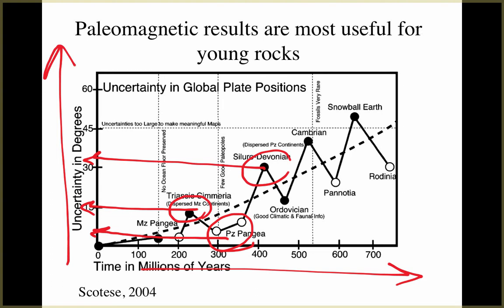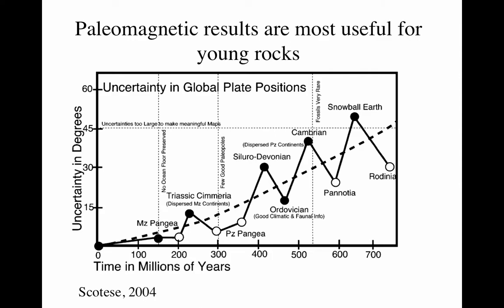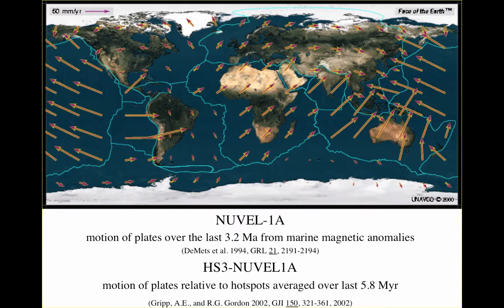Increasing numbers of measurements across the whole Earth means that it's now possible to make some sort of estimates of continental dispersion and continental locations back even into the Precambrian. For recent times, that is the last 2 or 3 million years, we use a combination of paleomagnetism of the oceans and satellite geodesy.